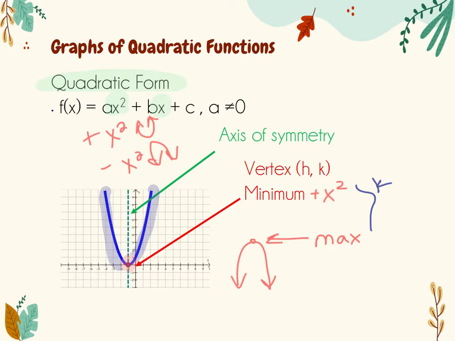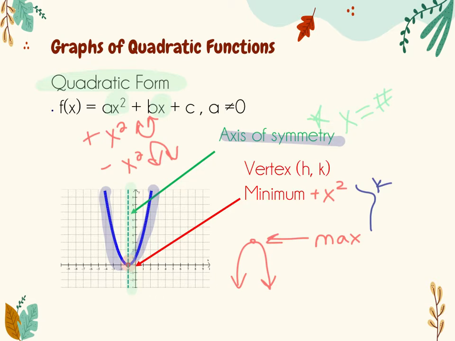And then the axis of symmetry is the line that runs through the center of my parabola in which I fold it over and it overlaps. So axis of symmetry is a line that runs through the vertex where if I fold it over that axis, it is symmetric. This, super important, is an x equals a number. It is an equation. It is not a single number.